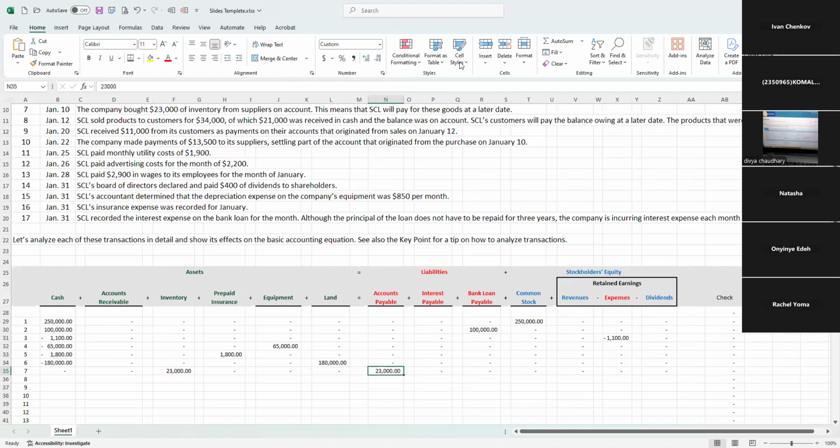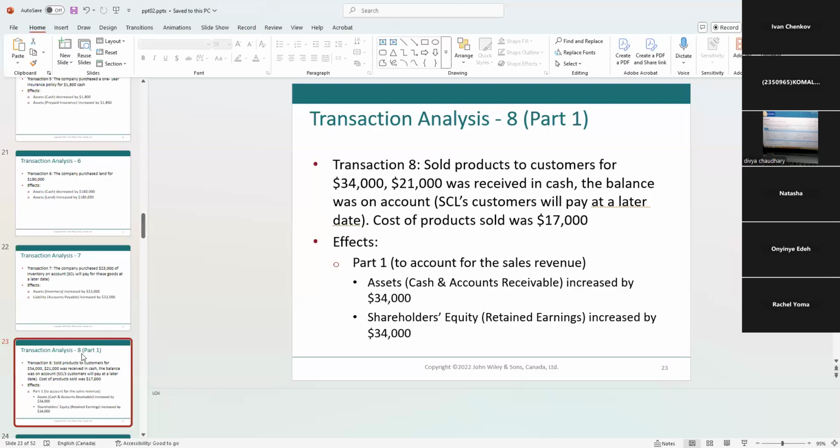Let's see the next transaction. So next transaction, what's happened? We actually start selling to the customers. We sold to the customer some of our products.